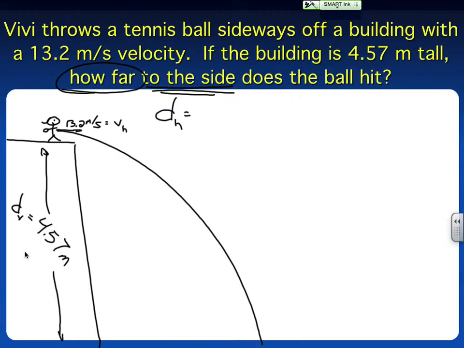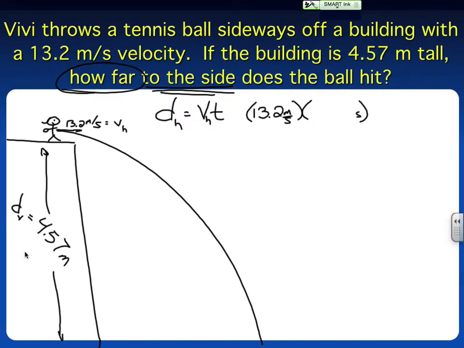Well, dh, of course, I just taught you that formula. Velocity horizontal times time is dh equals vh times t. So do I know my vh? Yes, I do. It's 13.2. And all I need is a time, which I'm going to guess has to be in seconds.